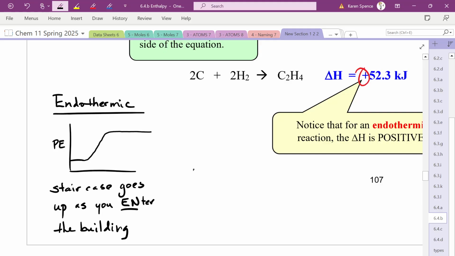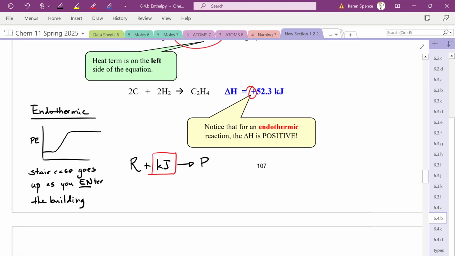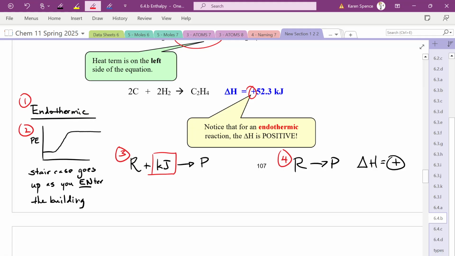If you write your reaction, you've got your reactants plus your kilojoules goes to products. So the heat term is in the reactants. And if you write it with the delta H, you would have reactants goes to products, and the delta H is positive. Okay, so once again, you have 1, 2, 3, 4 things, and you should be able to mix and match between any of them and figure out them all from just one of them.